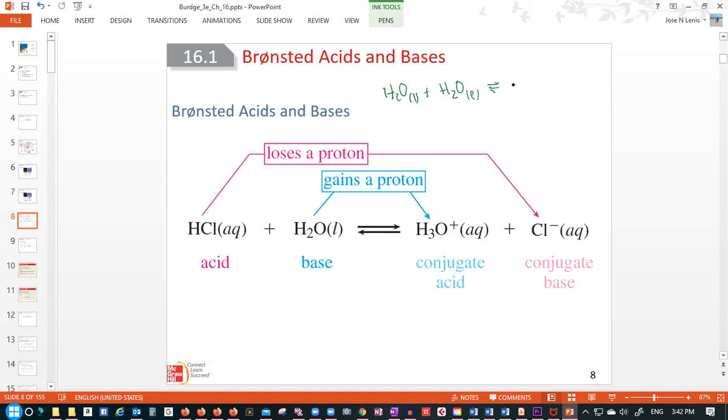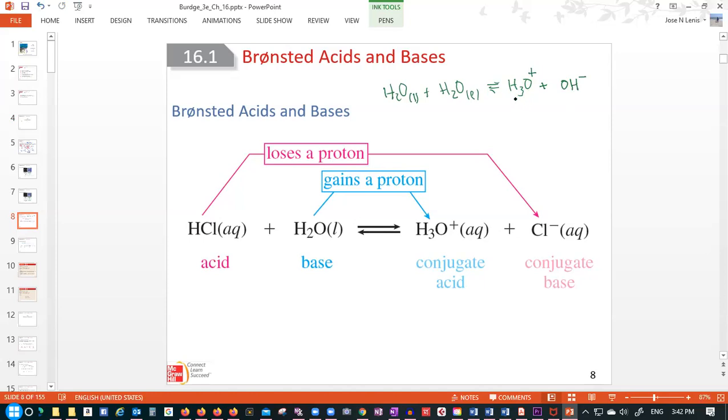Due to the nature and the structure of water molecules, water can accept protons to form hydronium ions, or can give off a proton to form the hydroxide ion.